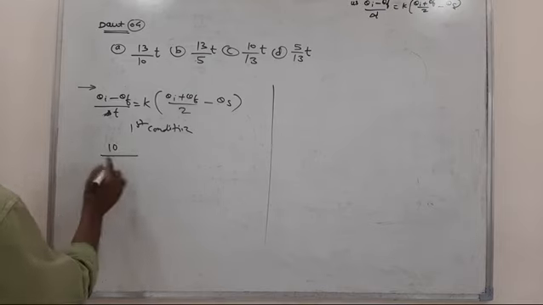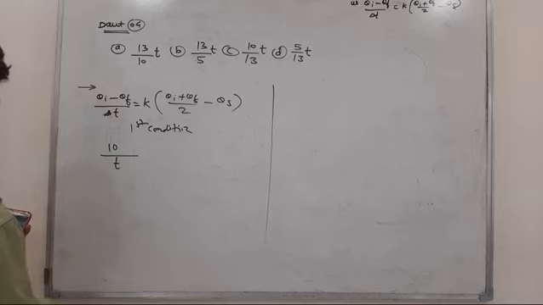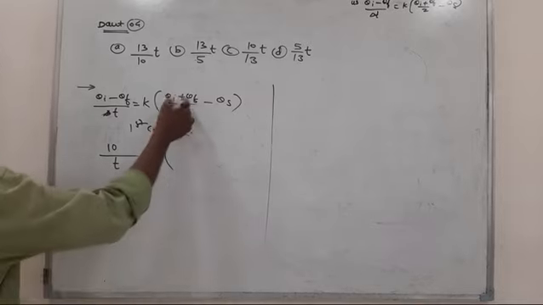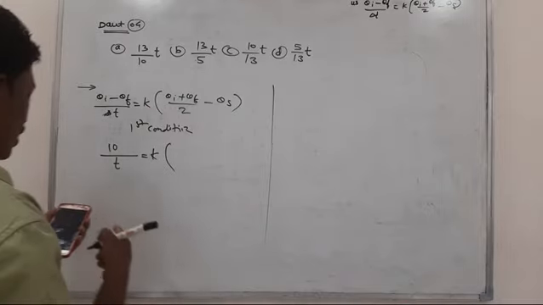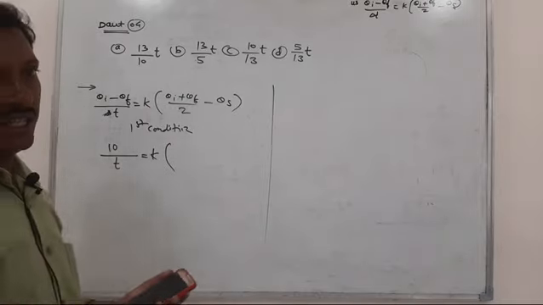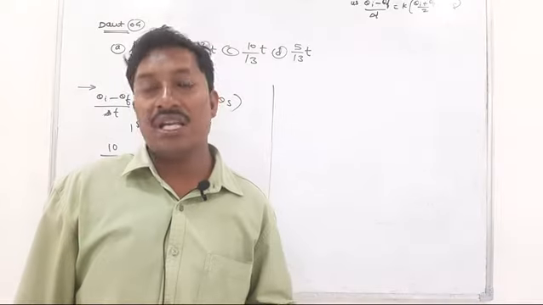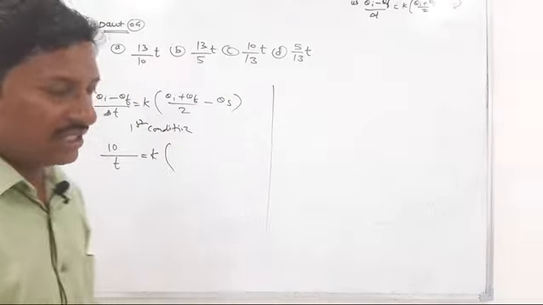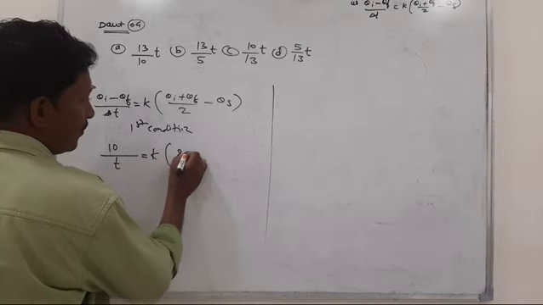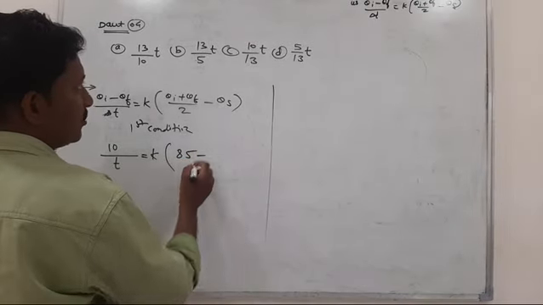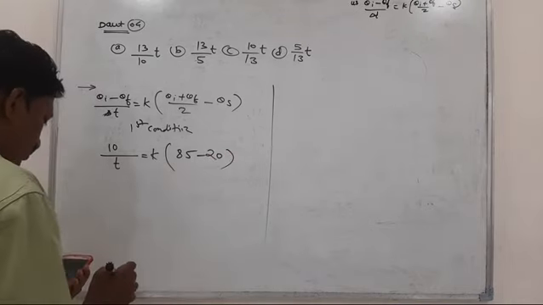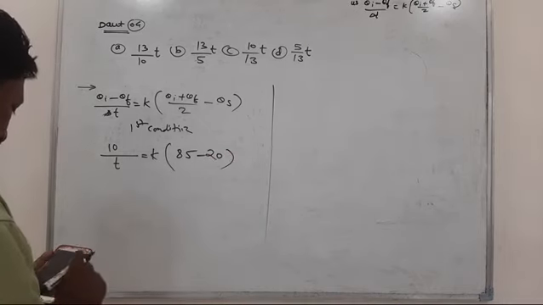And the change in time is given as t minutes. The average is 90 plus 80, that is 170, divided by 2, that is 85, minus the surrounding temperature of 20 degrees Celsius. Right student?